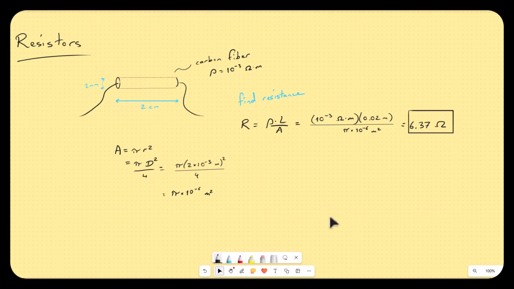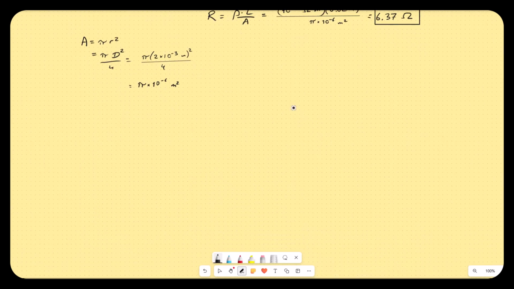Now I'm going to take that same resistor and put it into a circuit. So I've got a battery like this. Let's give this thing a voltage of 1.5 volts, which is the voltage of a AA battery.